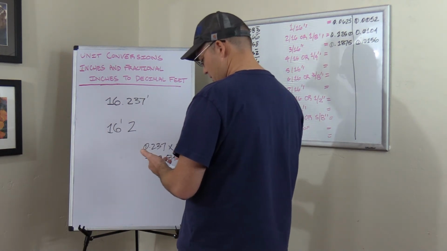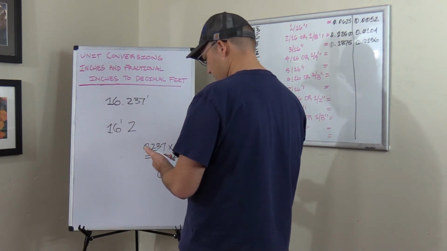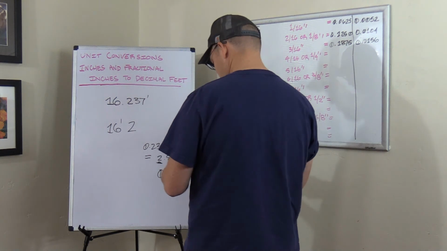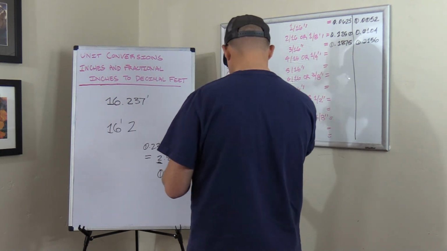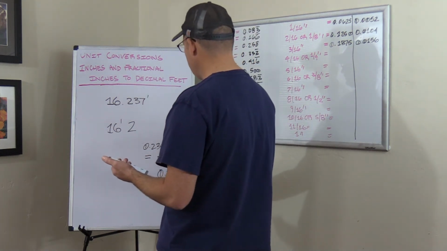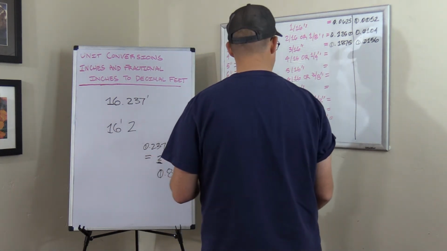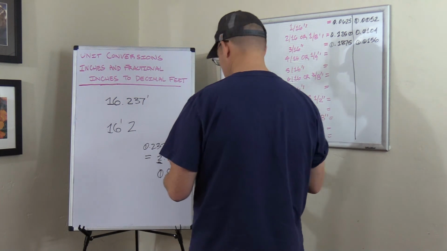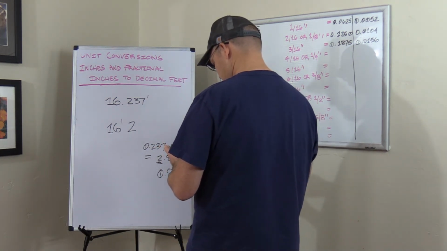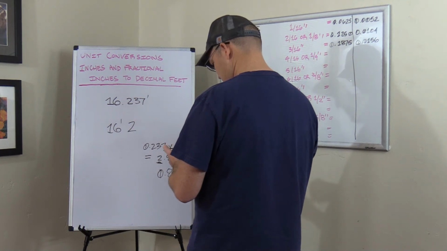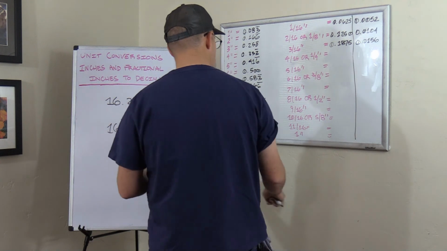And of course, I didn't do the whole table, so I don't know. Oh, you know what? Let's see. Yeah, that's right, we want to know the fraction of an inch. So let's just say 15 divided by 16.